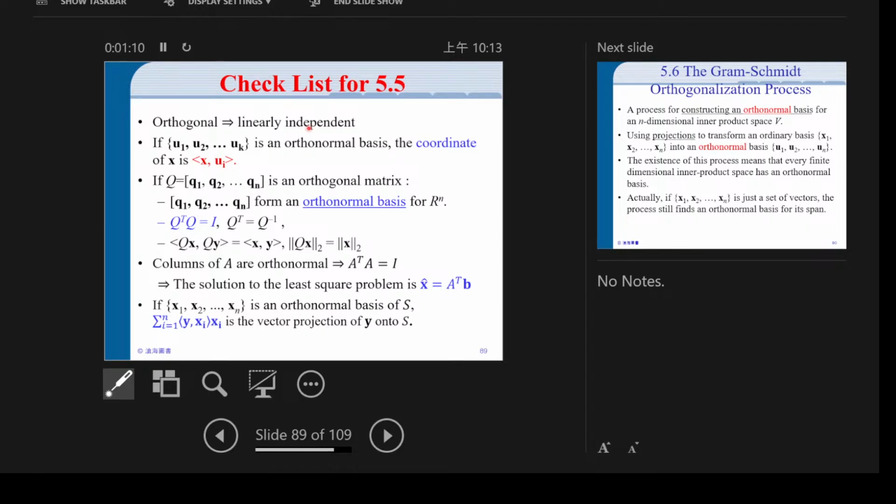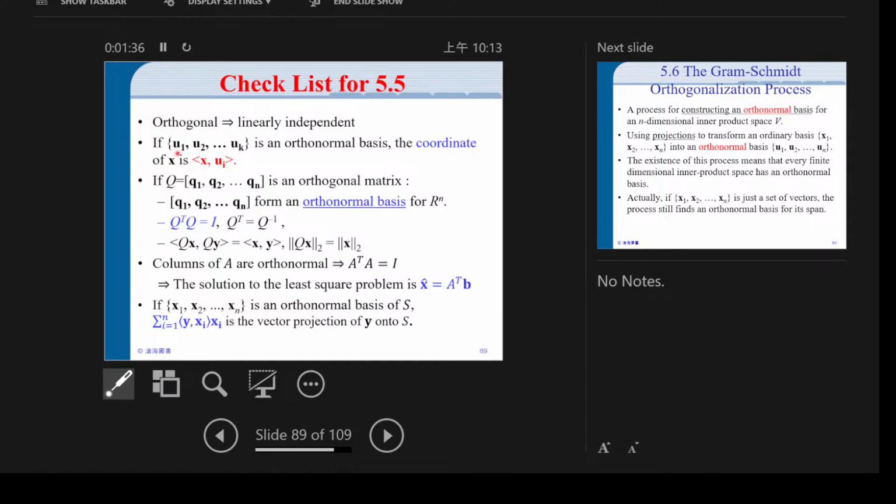So we see that orthogonality and the geometry can be defined by this inner product, and so we get an orthogonal basis. We see that an orthogonal basis has lots of nice properties.